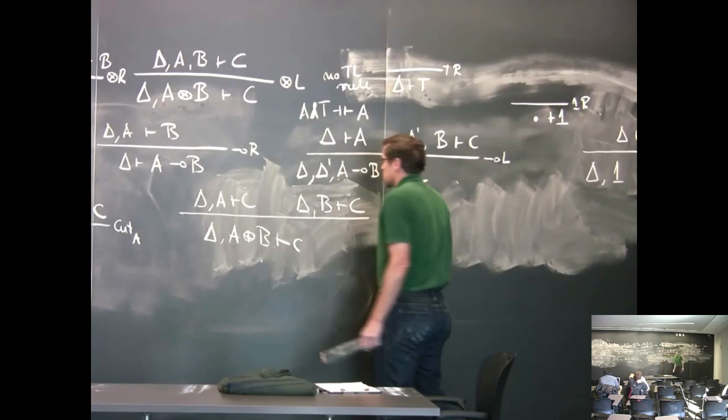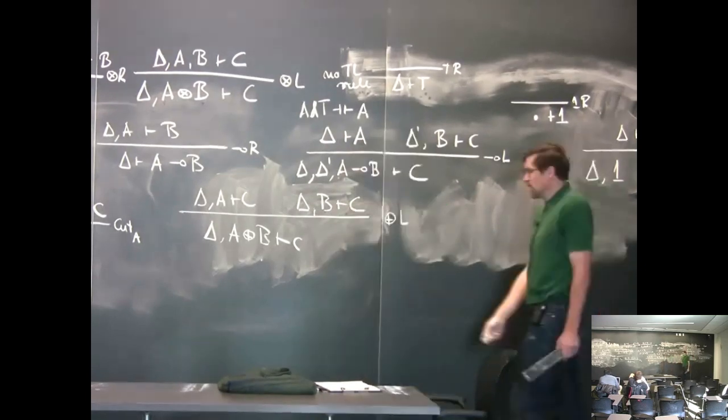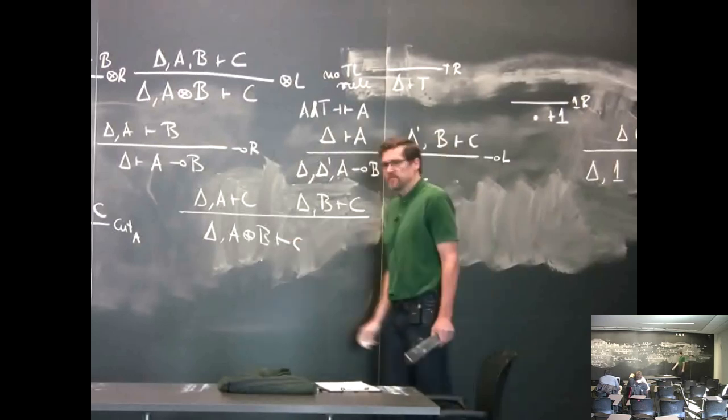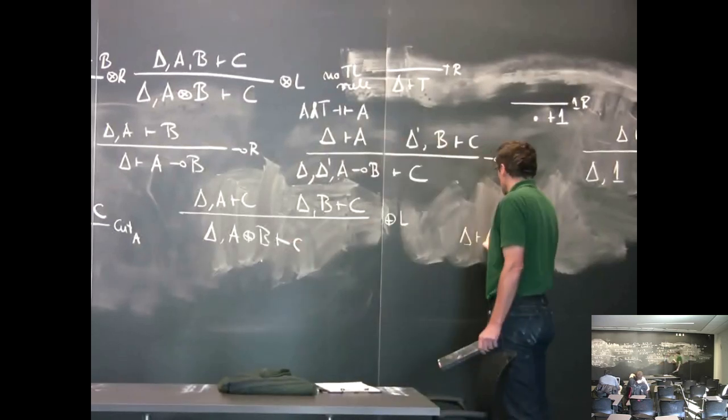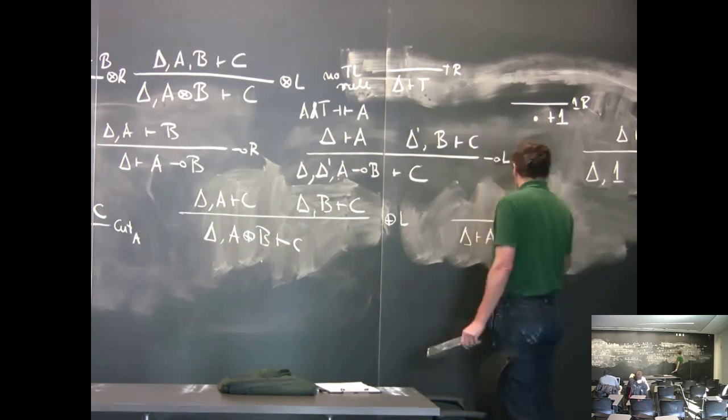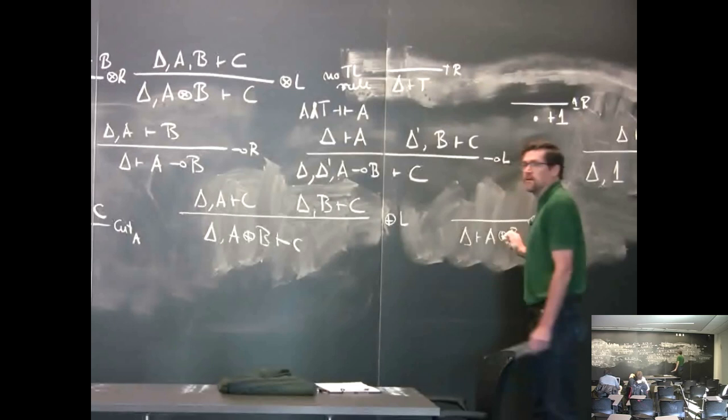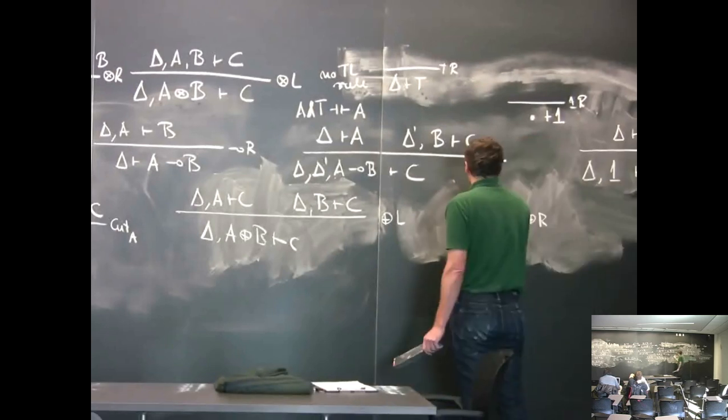Okay, any candidate for a right rule? So if your obligation is to produce an A or B, how would you satisfy it? Or how could you satisfy it? Give me an A. Yes.